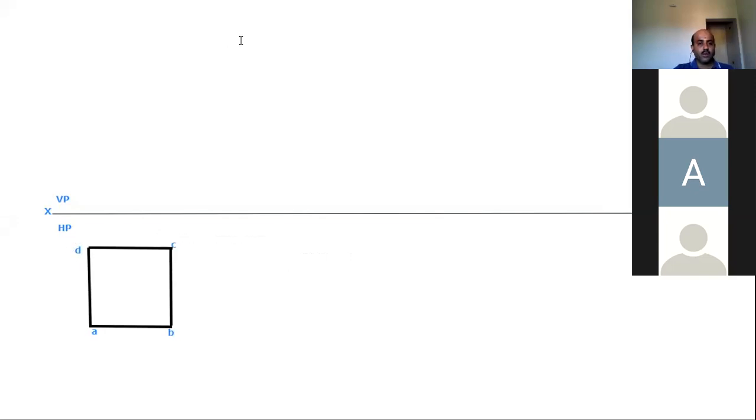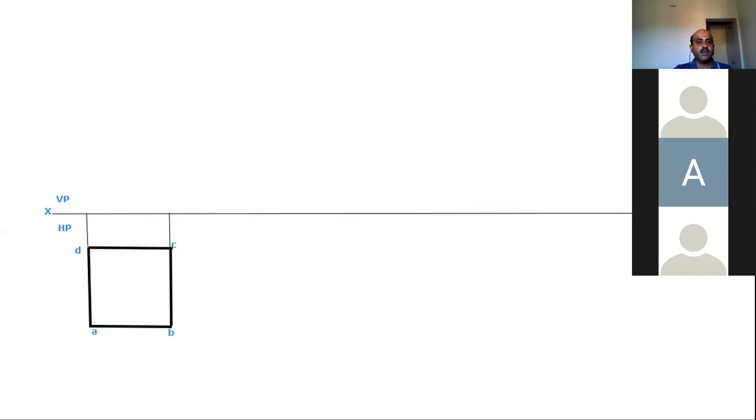Now you have to get the front view of this. For that, you have to draw the projector lines, and the projector lines should come to the XY line. Draw the projector lines from each point.